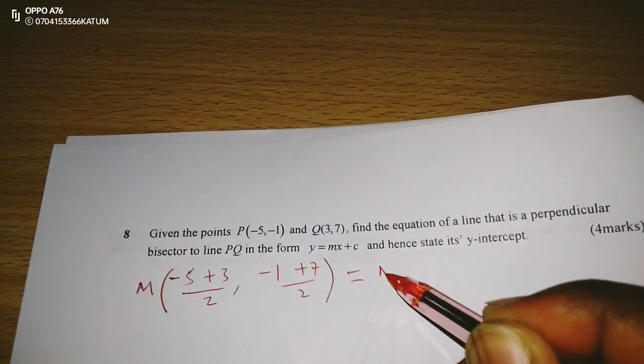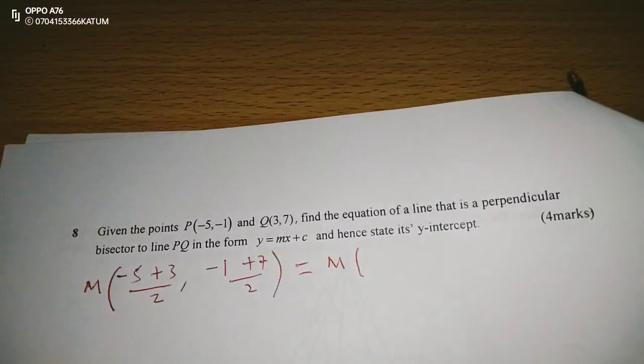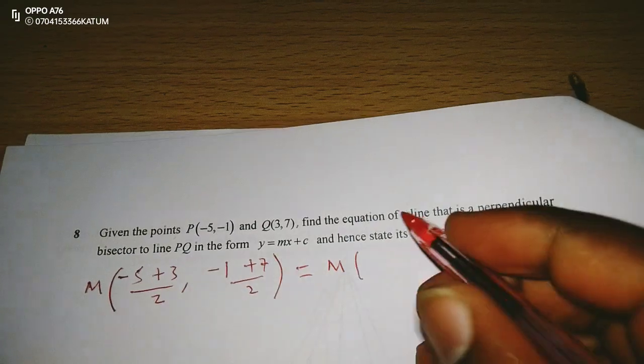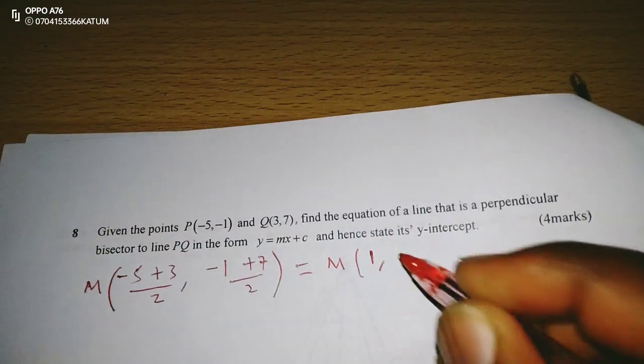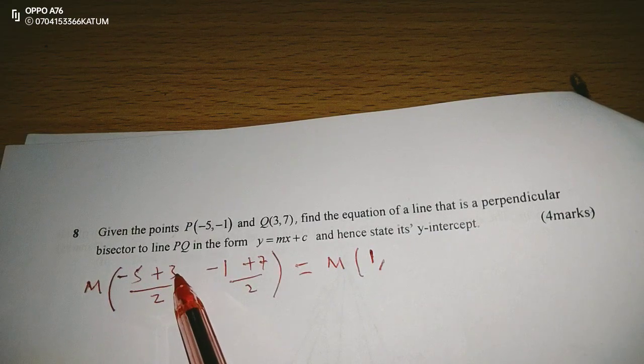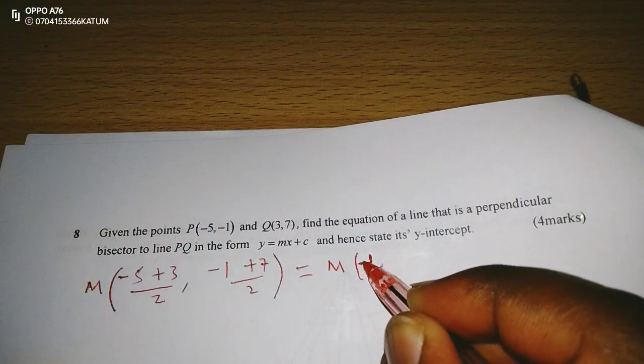So the midpoint is going to have coordinates: -5 plus 3, that is -2, divided by 2, we get -1.